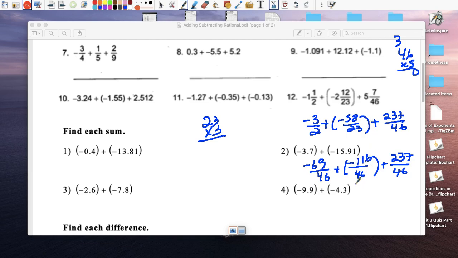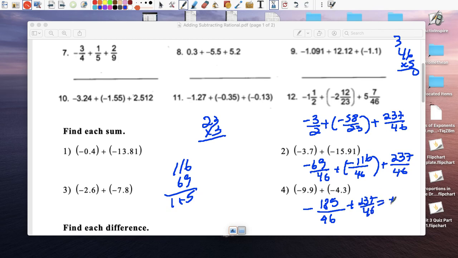Now I don't have to worry about it becoming a fraction greater than 1 and then readjusting, adding my whole numbers. First of all, it's going to be negative, because we're adding two negative numbers, so all we have to do is add. 116 and 69 is 185, negative 185, plus 237 over 46.